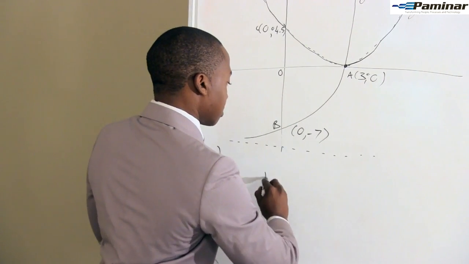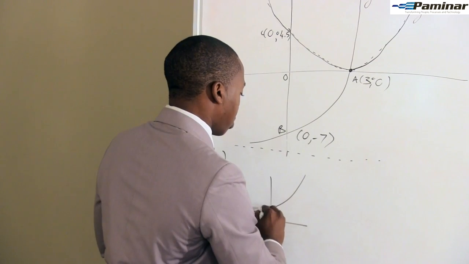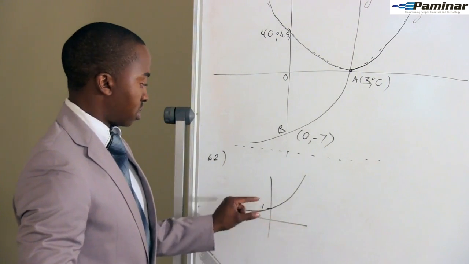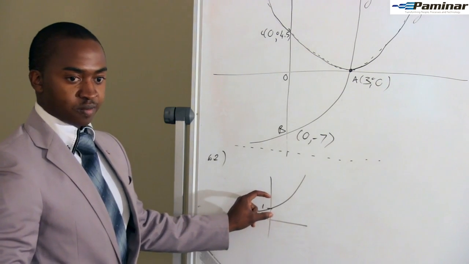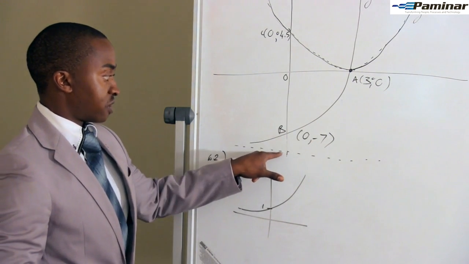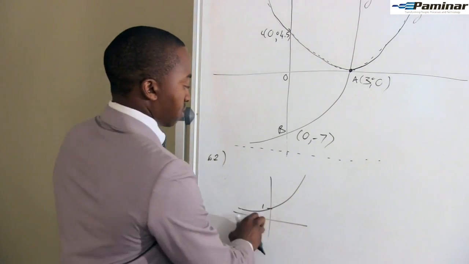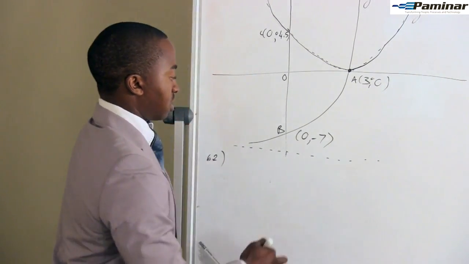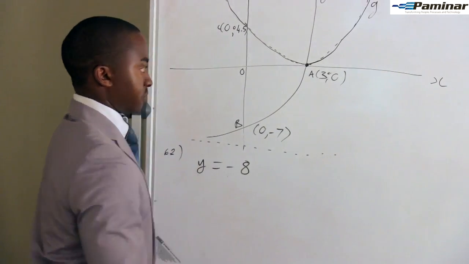Your standard exponential curve looks like that, and this point is 1, and the space between 1 and the x-axis is just 1. So if that's minus 7, this should be negative 8. So the answer there is simply y is equal to negative 8.